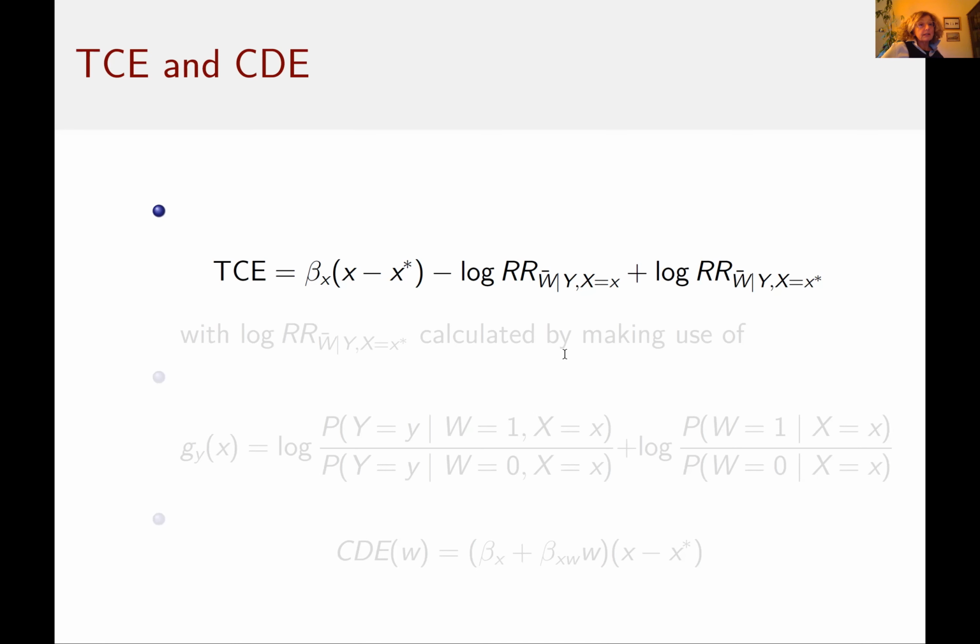So just coming back to the total causal effect and the controlled direct effect, the total causal effect is the difference between the two marginal models, in x and in x star.